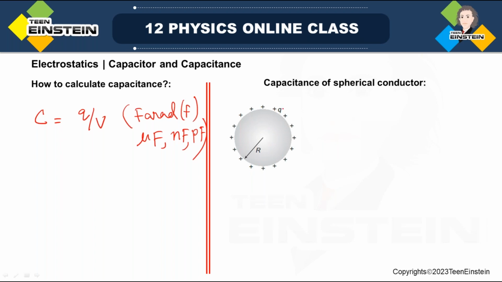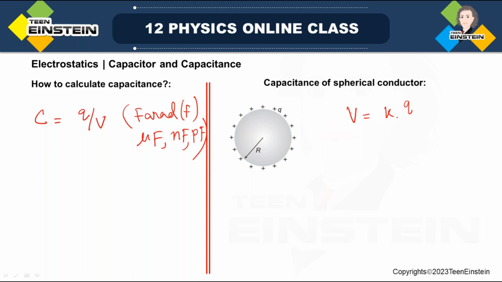A known charge Q is put on it, and the charge gets redistributed uniformly over the spherical surface. If we can calculate the potential on the surface, then we can find the capacitance.